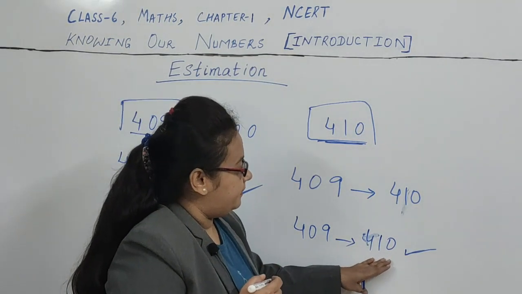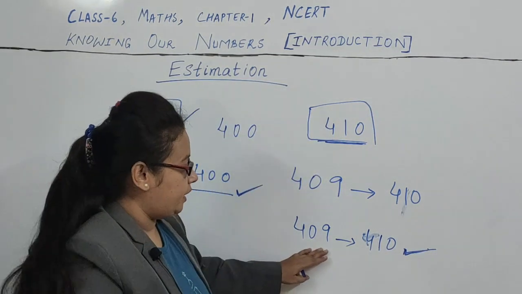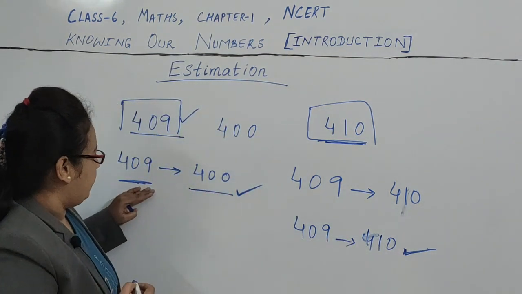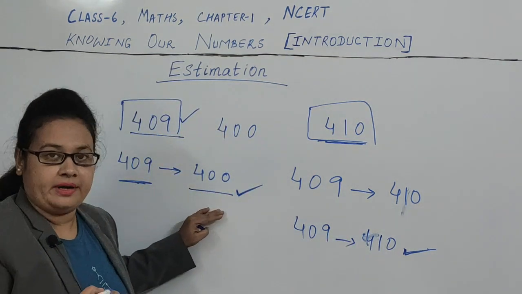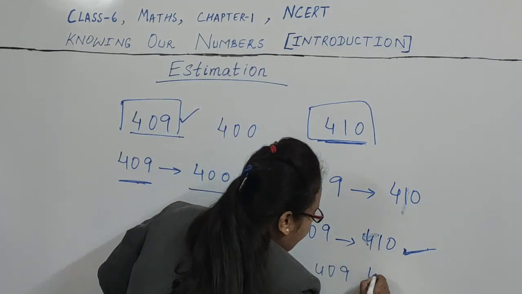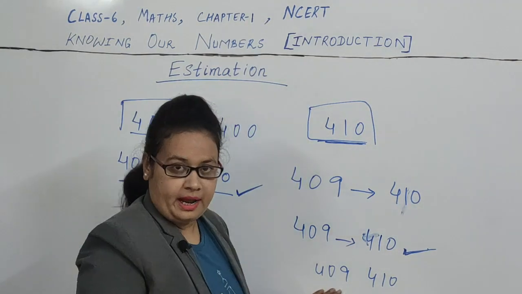This way of rounding off a number is known as rounding off to the nearest tens, and this is known as rounding off the number to the nearest hundreds. Because the nearest after 409 comes 410, this is the nearest ten for 409.